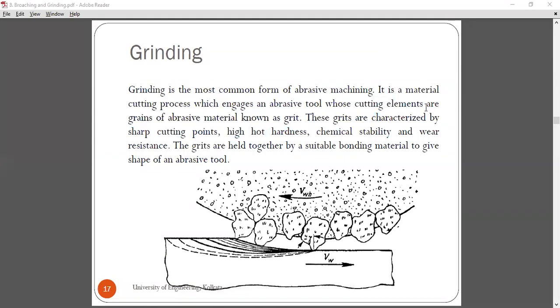So the grains or the abrasive tool that I am talking about, this material is known as grit, and this grit is characterized by different things. They have sharp cutting points, they are highly hard, they are hard even at very high temperature. Okay, hot hard.